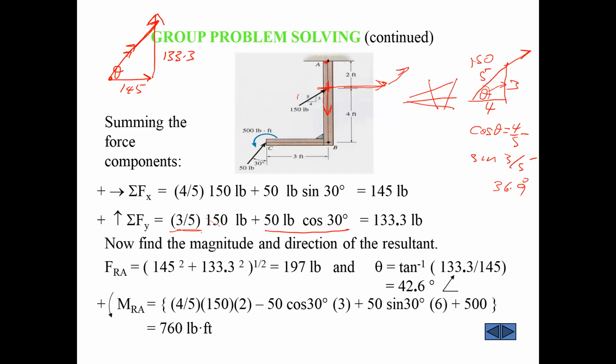Now what distance is it from A, class? 2. See the 2 here, from A to that point where the force is. So it's going to be 4/5 times 150 times 2, and it is positive, because going in the anti-clockwise direction, it's positive.